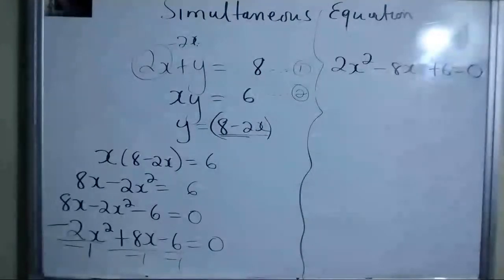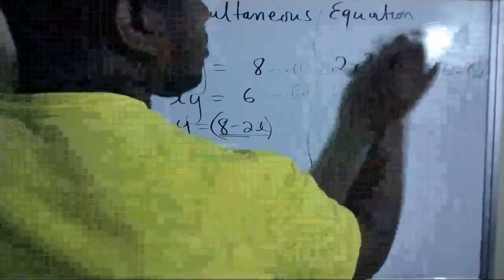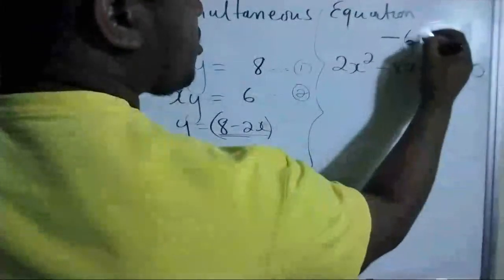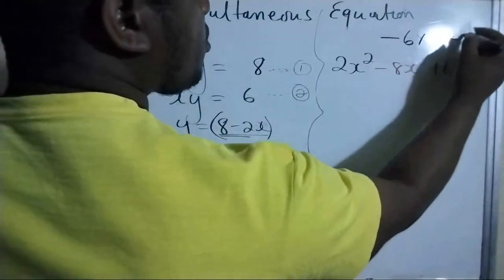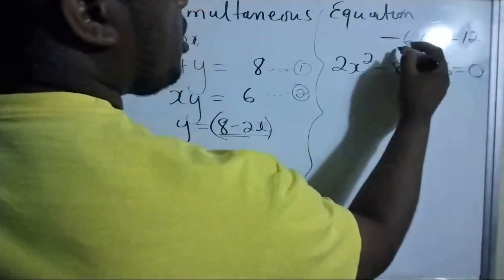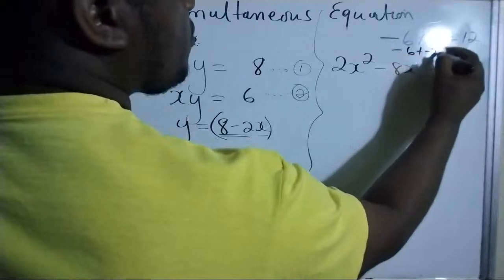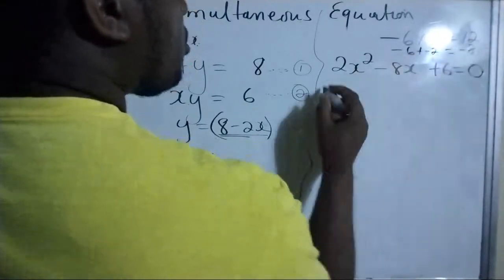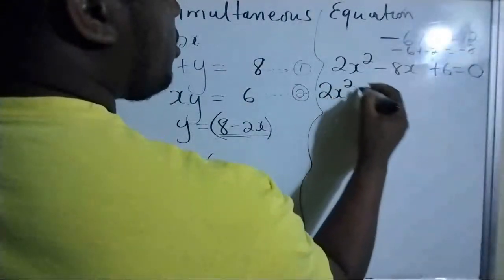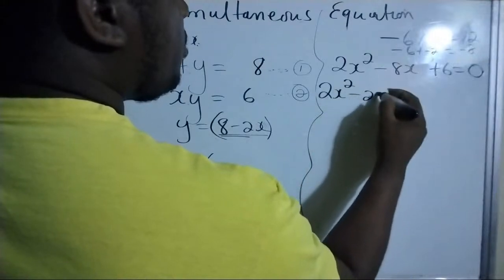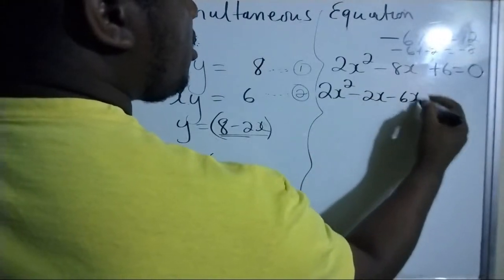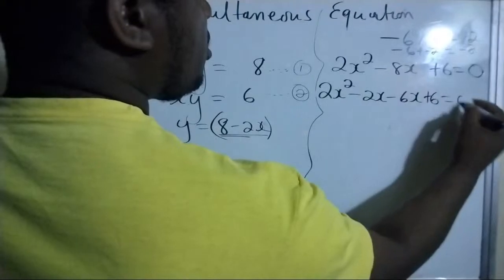Alright, if you are thinking negative 6 and negative 2, you are correct. The factors are negative 6 times negative 2, which gives us positive 12, and negative 6 plus negative 2 gives us negative 8. So we just replace it: 2x squared minus 2x minus 6x plus 6 equals 0.